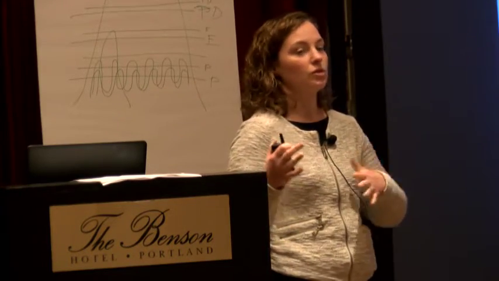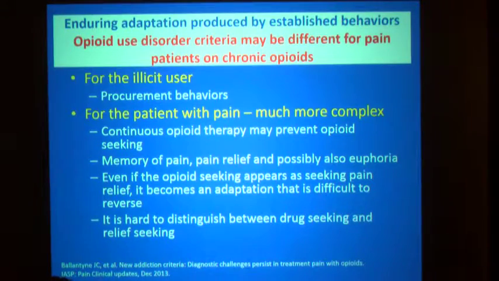And those adaptations can become difficult to reverse because of all the things that we've been talking about. In a way, it's very hard for the patient who's developed these adaptations to distinguish drug seeking from pain relief seeking.